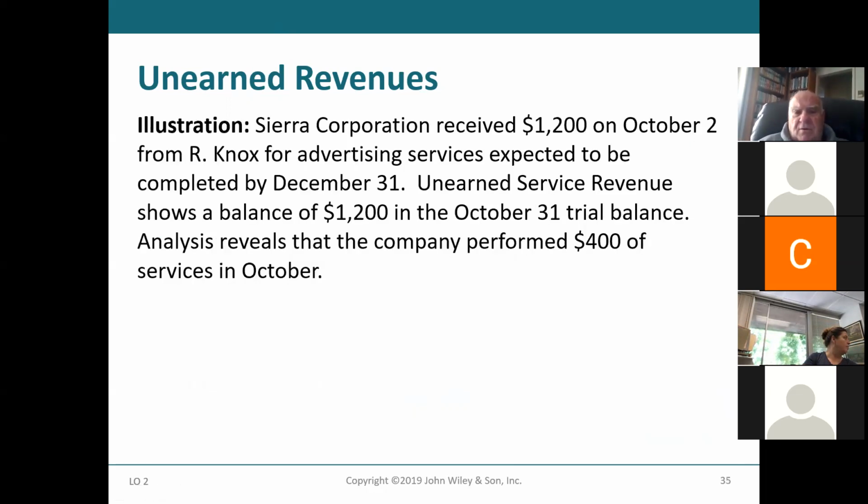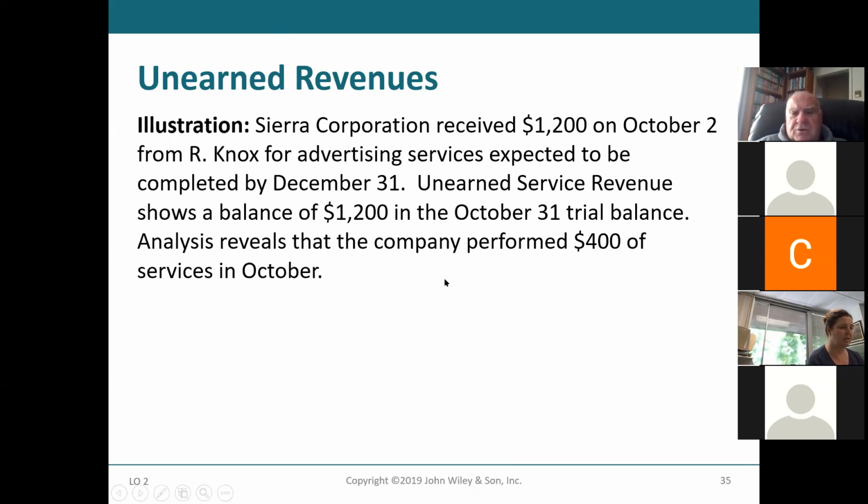So let's get an example going. Sierra Corp received $1,200 on October 2nd, from Arnox for advertising services expected to be completed by December 31st. So you've got that $1,200 sitting in the unearned service revenue account, which is a liability.